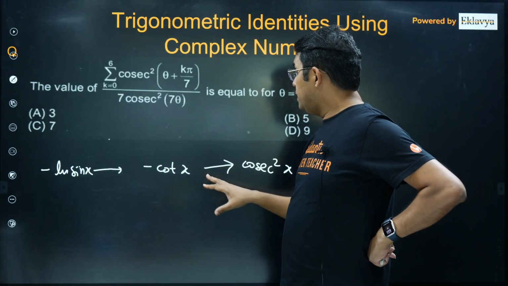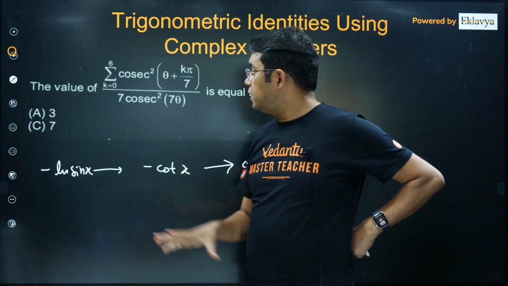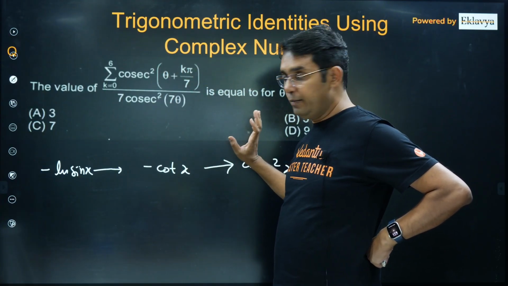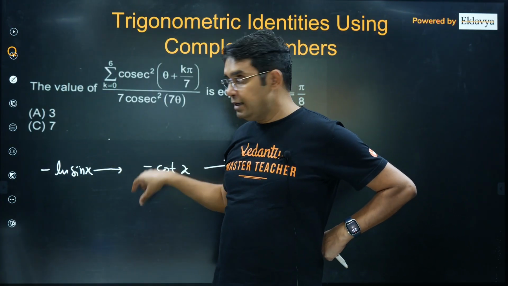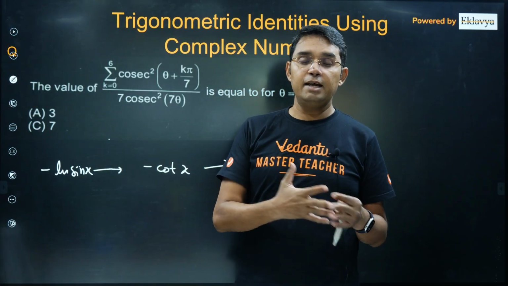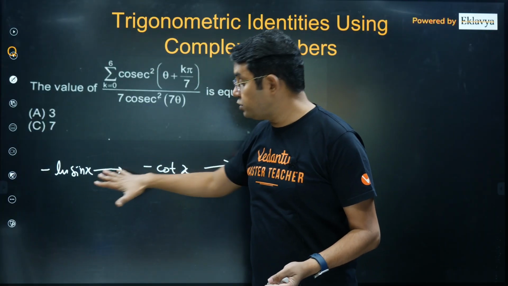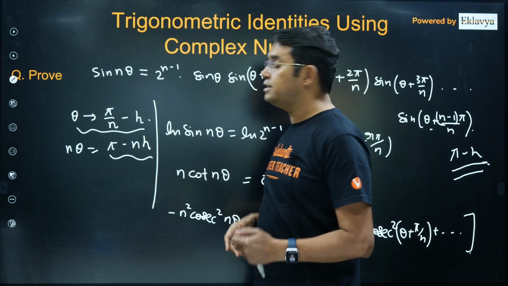It is the differentiation of cot. Maybe if you know the sum of all cot, then also this could have been done. Then cot is the differentiation of log sin x. Now if you think of whether sine has some result like this which can give you the sum of cot, you may find this result useful in such questions.